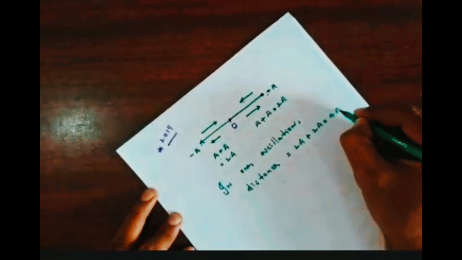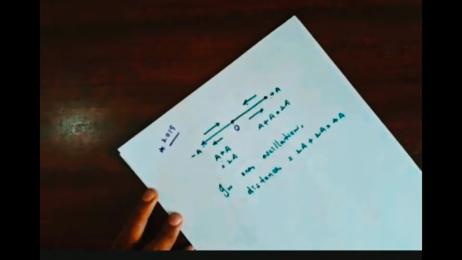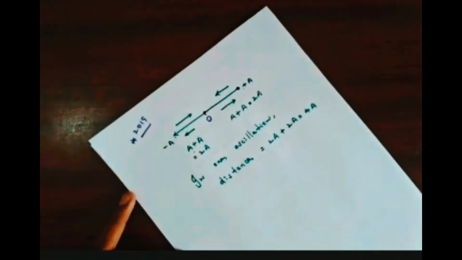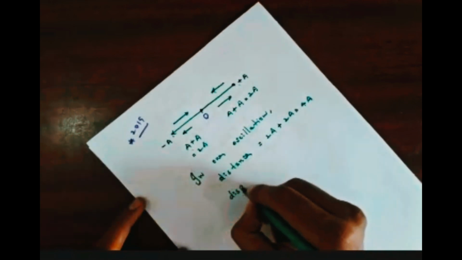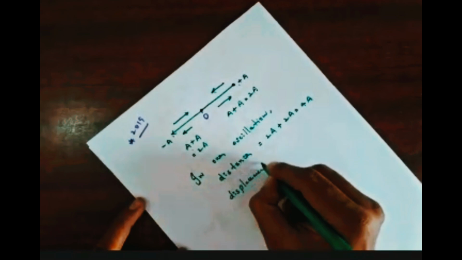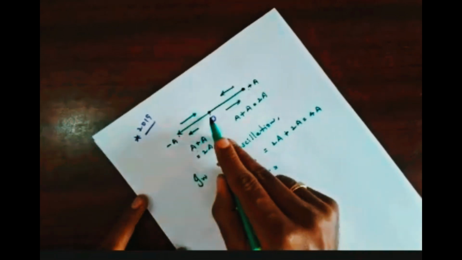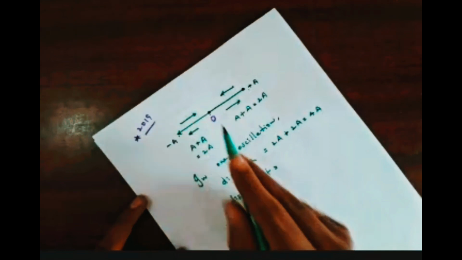Distance is nothing but the total path covered by the body during the journey. Already you know that. Now displacement. What is the initial point? Mean position. What is the final point? Again it reaches the mean position at last. The path length between initial and final points is known as displacement.